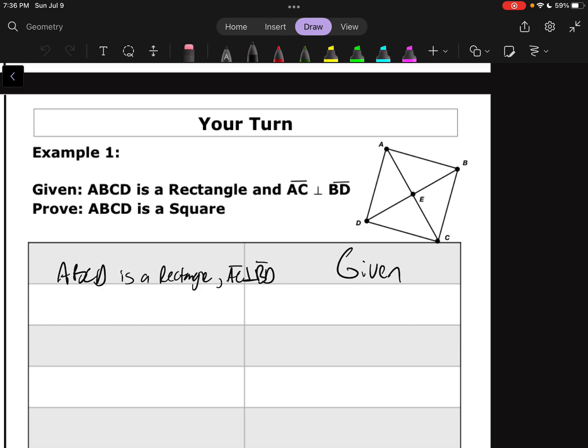All right, so I would have started off by saying that since this is a rectangle, we already know that angle ABC is congruent to angle BCD, congruent to angle CDA, congruent to angle DAB, because that's in the definition of rectangle.